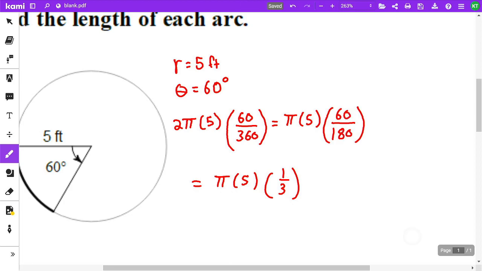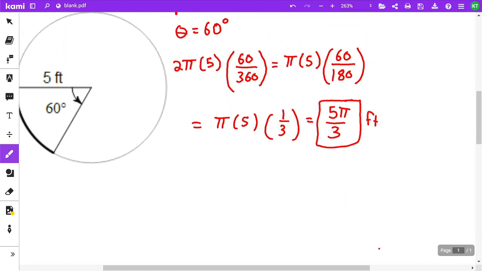And if I multiply this further, 5 times 1 will give me 5 divided by 3. Don't forget my pi. 5 pi divided by 3. So that would be my answer here. Also, you want to keep in mind your unit. This is also in feet. So 5 pi over 3 feet.